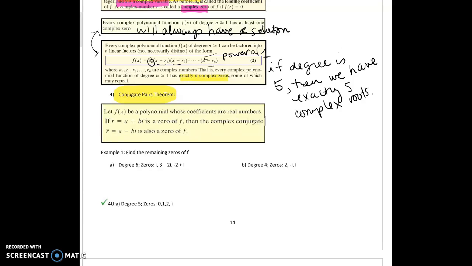The conjugate is a minus bi. It's also a zero of f, okay? So whenever you are having an imaginary answer, then there has to be a conjugate of that imaginary answer as well, okay? And this theorem is super important. Let's use this theorem for this problem, okay?